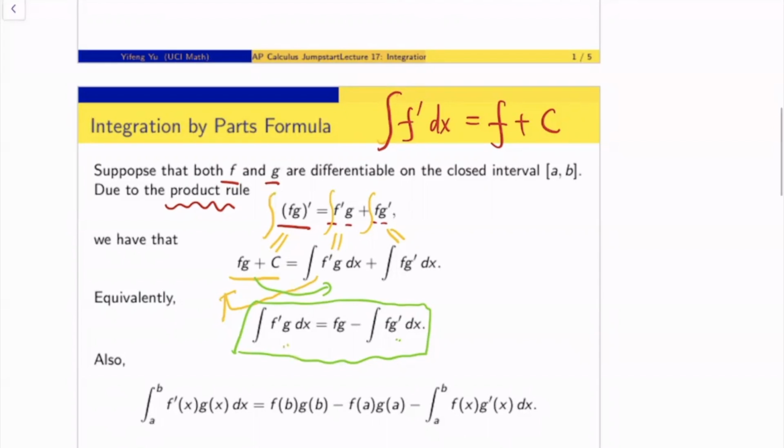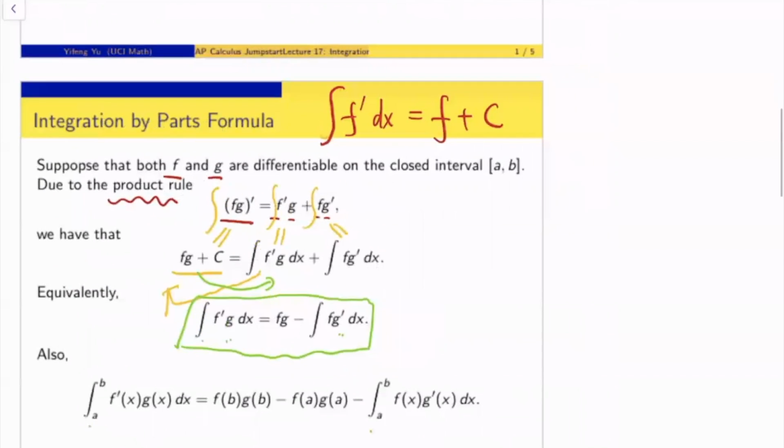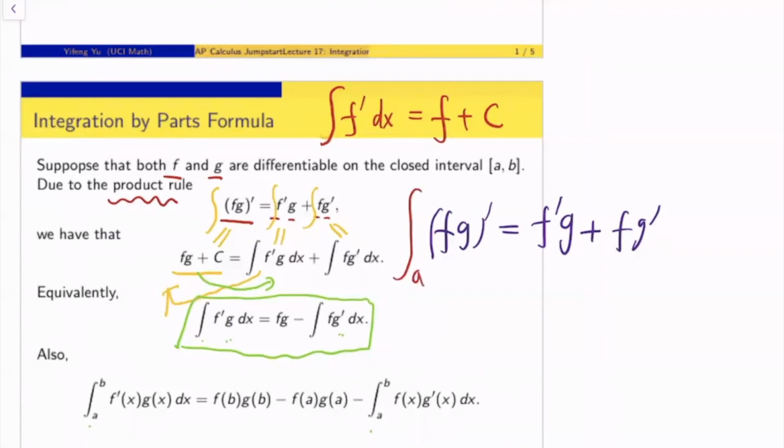Now, we used the antiderivative based on the indefinite integral, but if you use the definite integral, it's the same thing. Let's do it here. If (fg)' equals f'g plus fg', let's take the integration from a to b, dx. For the left one, you can just apply the Newton-Leibniz formula because it's a derivative.